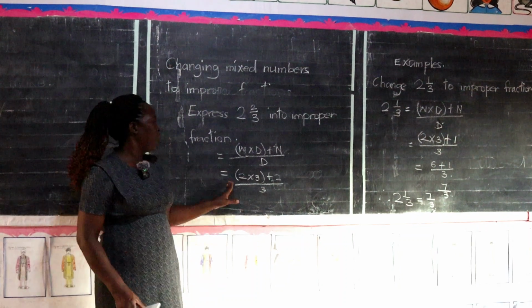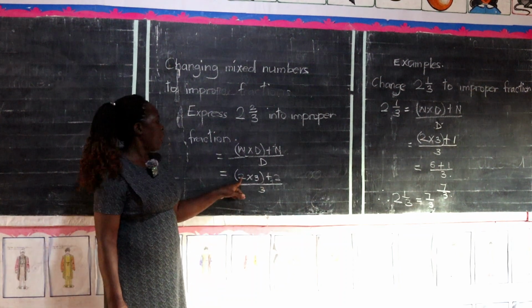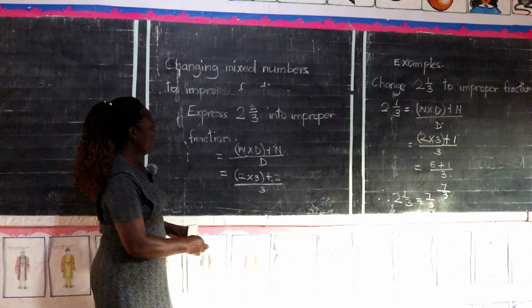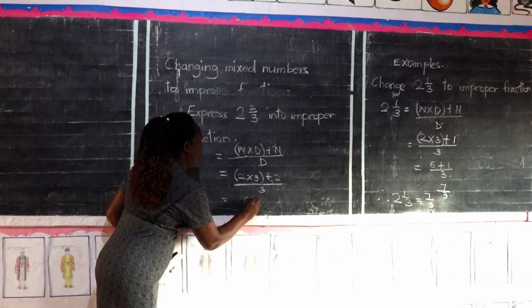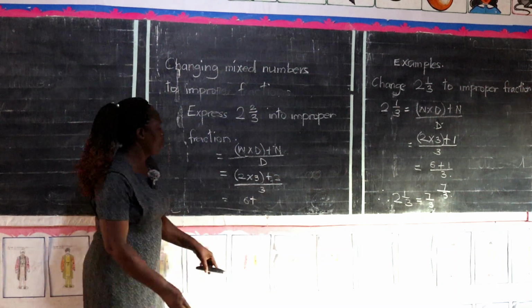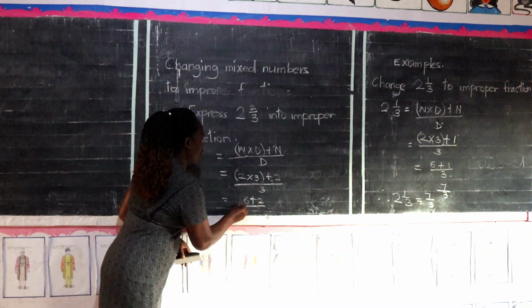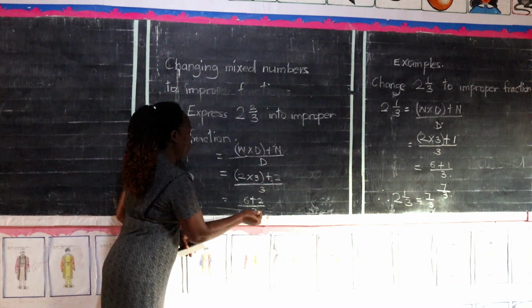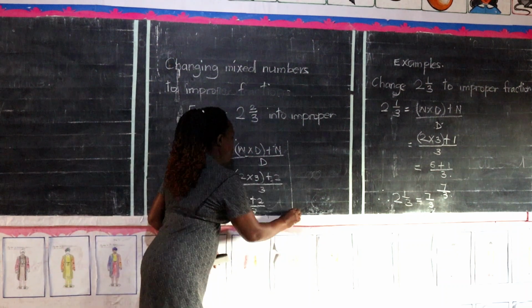So when you first multiply 2 times 3, we get 6 plus the numerator, which is 2, out of 3. We continue.